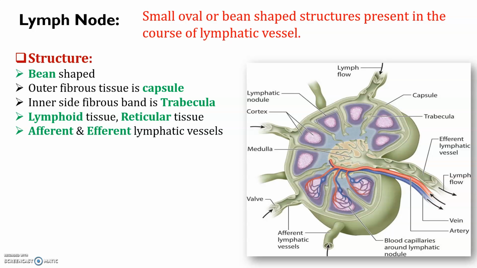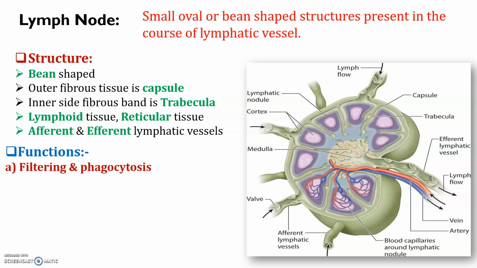Inner layer is trabecula, outer layer is capsule. There is the presence of two tissues, lymphoid tissue and reticular tissue, and the afferent and efferent vessels. Afferent carries the fluid towards the lymph node, and efferent carries the fluid outside the lymph node.